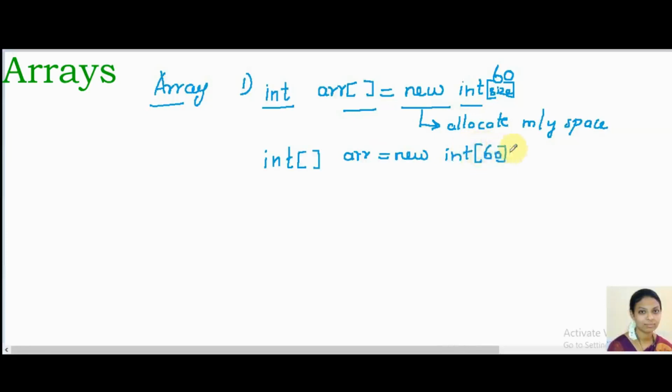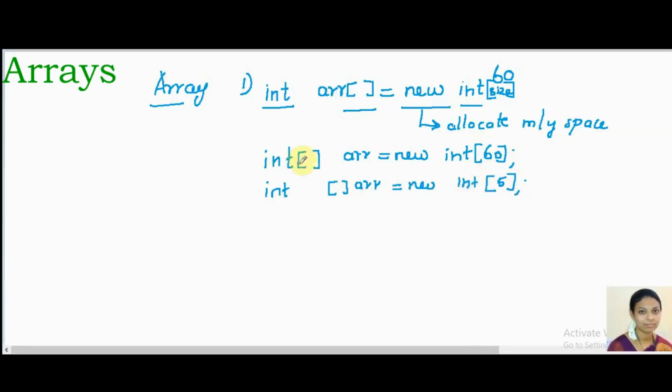Here I said I want to store the marks of 60 students, right? And I can also put the square bracket on this side. All are correct. New int, again the size. Whatever the size may be, I can give it as the size of an array.